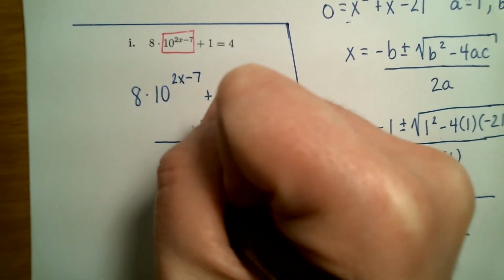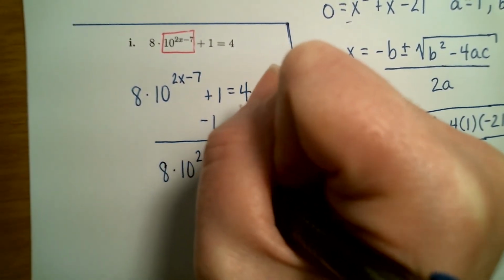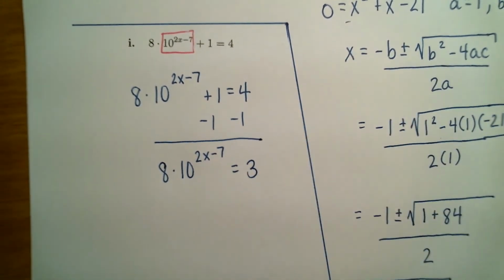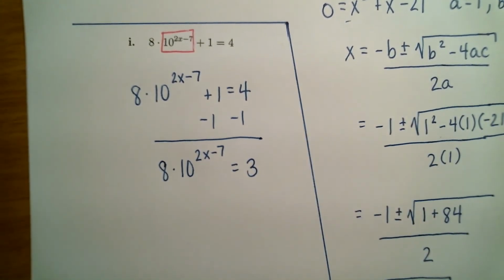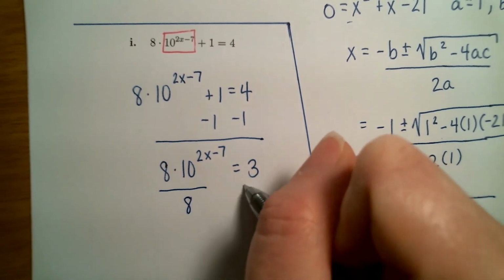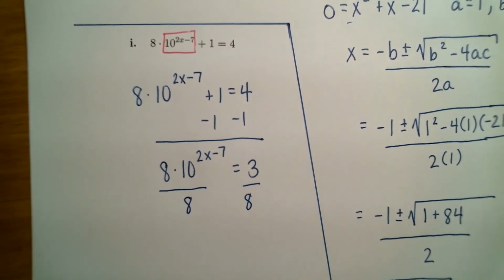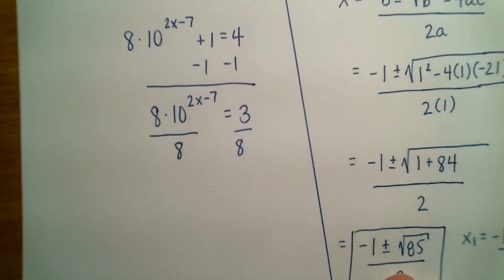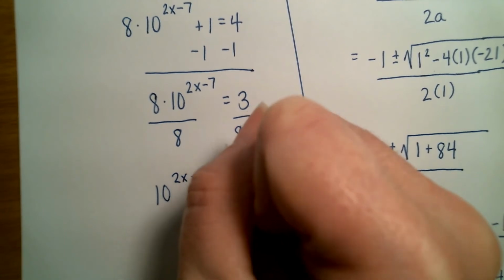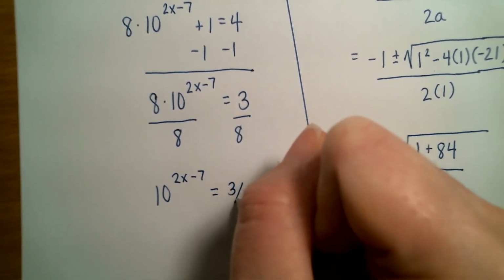So we're going to get 8 times 10 raised to the 2x minus 7 power is equal to 3. Almost there. We've got to get rid of the 8. Since we're multiplying by 8, we're going to undo that by dividing by 8. Whatever you do to one side, you have to do to the other. The 8's will cancel on the left. That is going to leave you with 10 raised to the 2x minus 7 power is equal to 3/8.